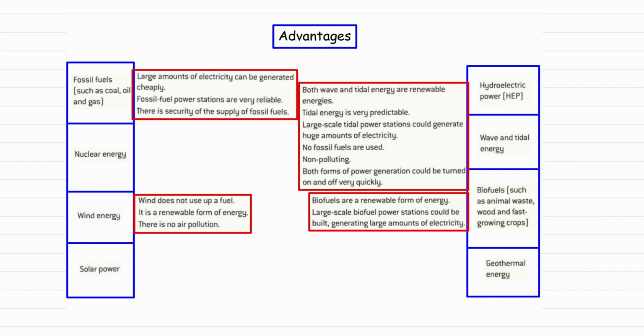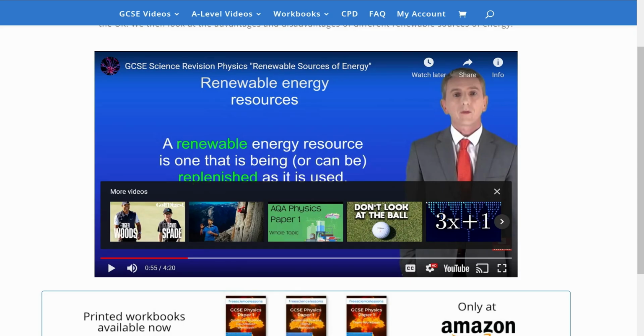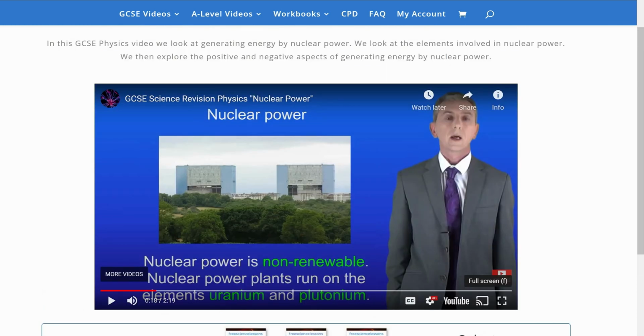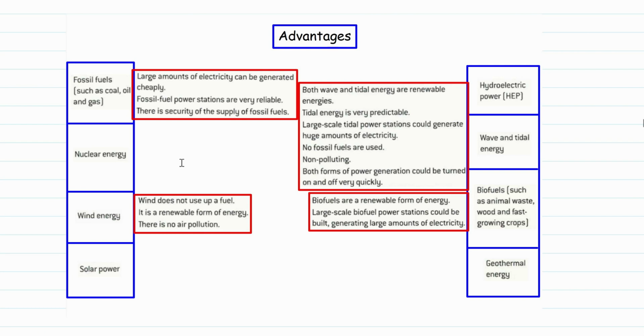But to support you complete this task, what we're going to do is look at various videos, starting off with nuclear power, and then you go back and complete the advantages and disadvantages for nuclear energy.